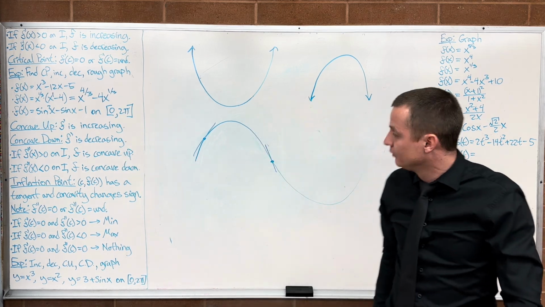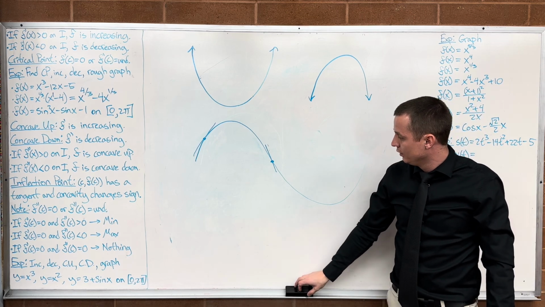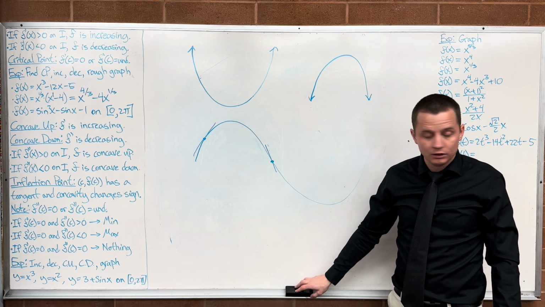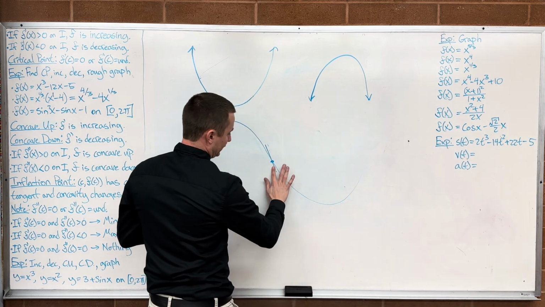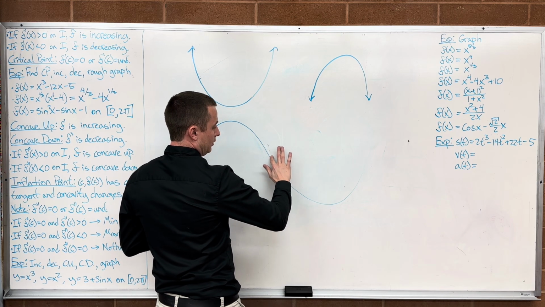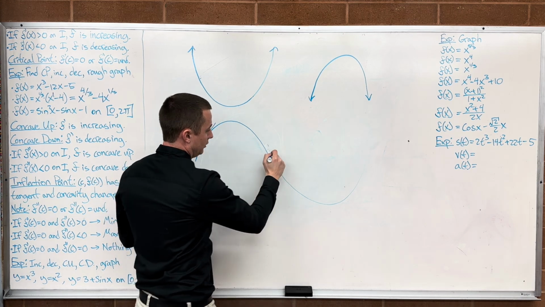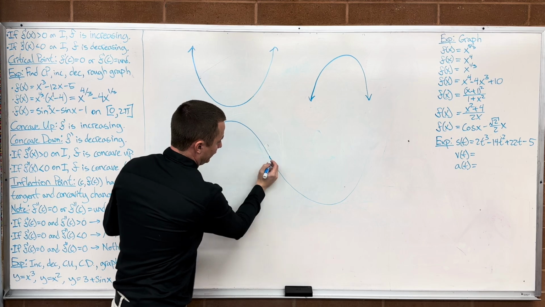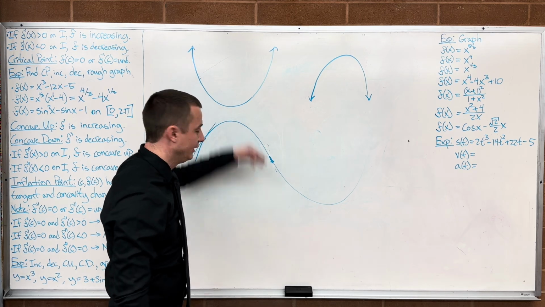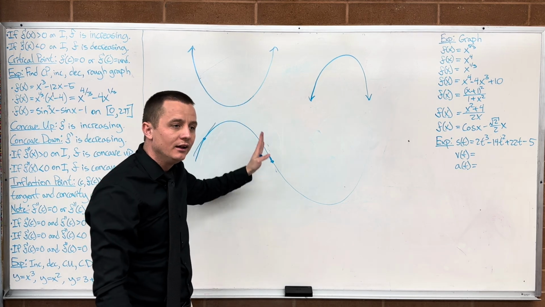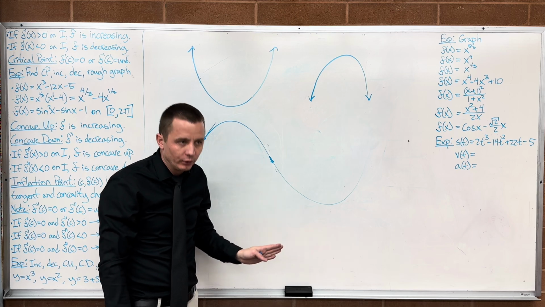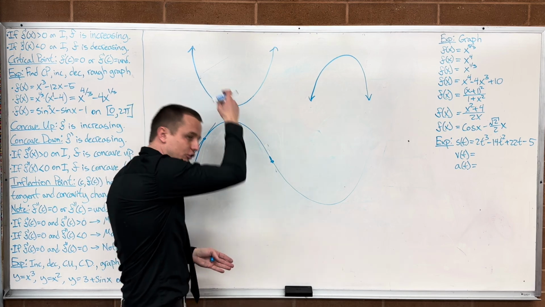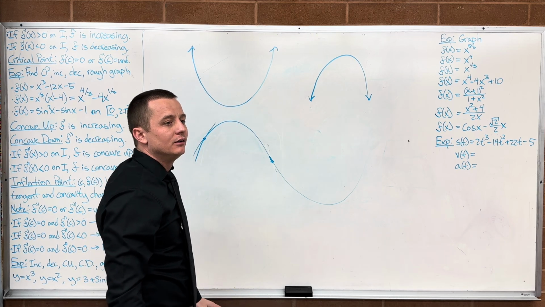Why can't you draw the tangent line where they switch, like a normal one? Because that's not a tangent line. I thought tangent lines can't cross each other. In general, they can't. The tangent line is the line that goes through that point and has a slope equal to the derivative at that point. If you calculate the derivative at that point and draw the line with that slope, then it would cross like that.